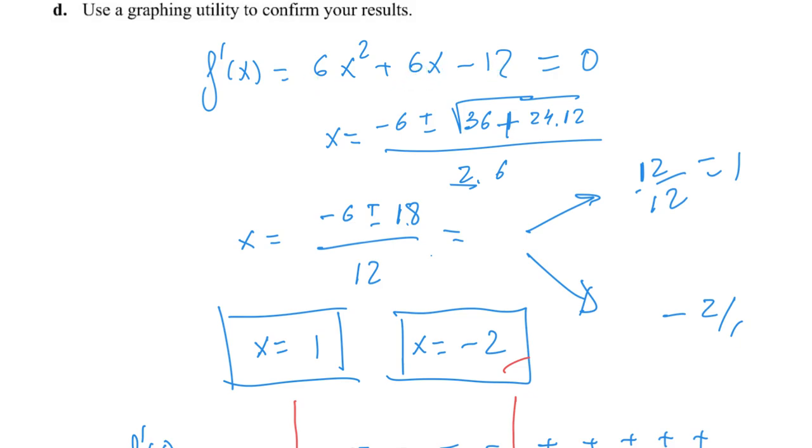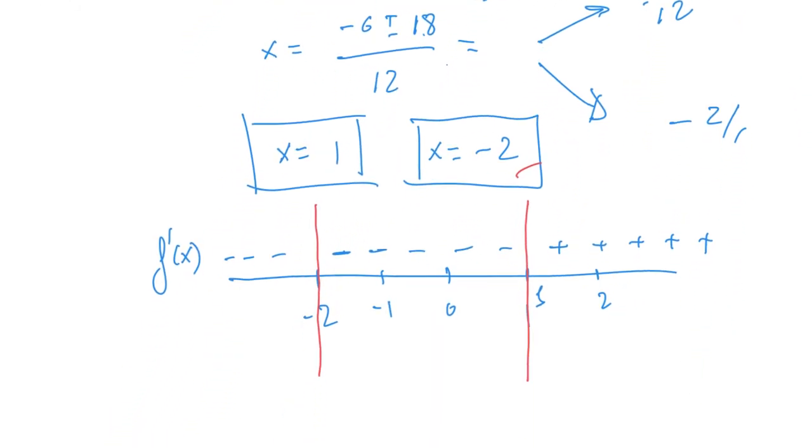This is positive. So here is positive. So the graph will do like this: positive, negative, positive.